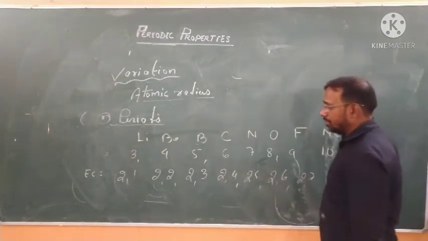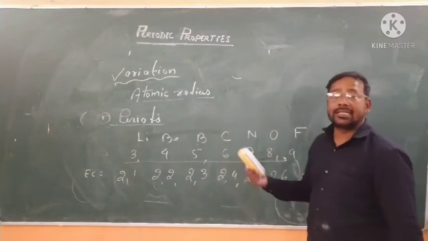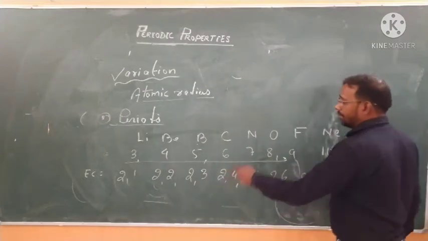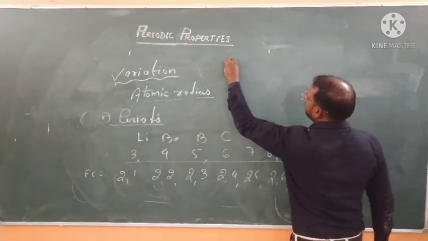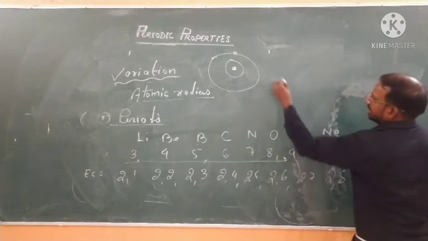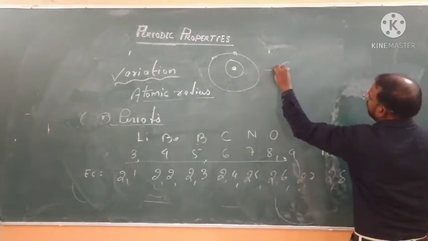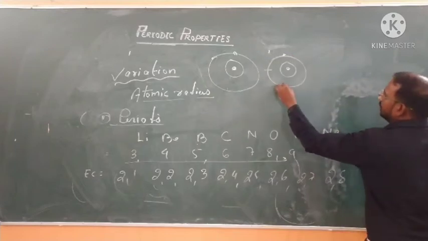But what is happening is, once you move from left to right, nuclear charge increases. And because of greater nuclear charge, in the case of lithium, first shell, second shell. In the case of beryllium, first shell, second shell, 2 electrons.